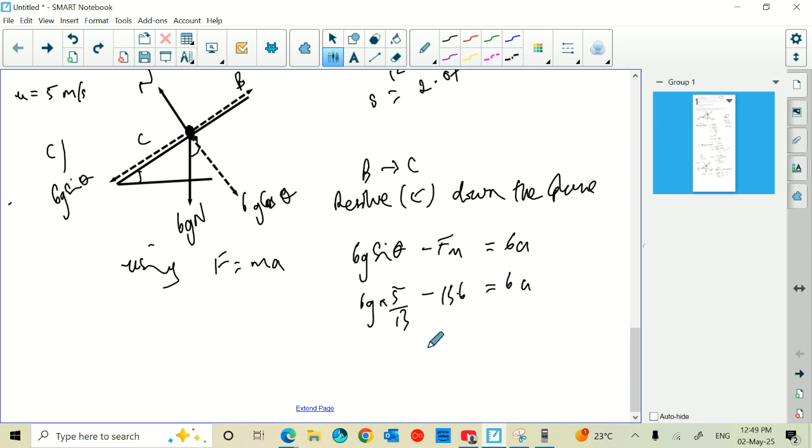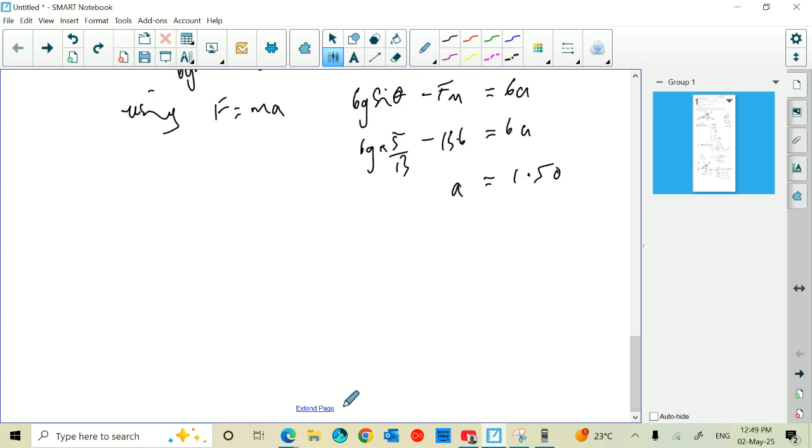So again, I'm going to find the acceleration by dividing everything on the left hand side by 6, and I get the acceleration to be 1.50 approximately, in meters per second squared.